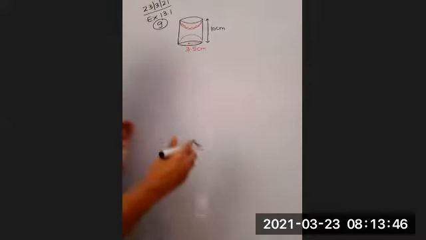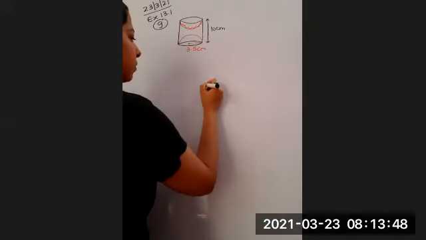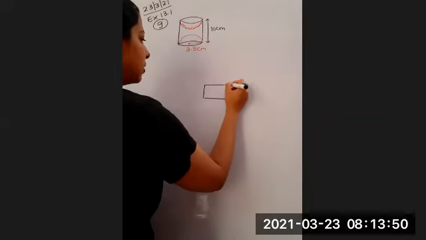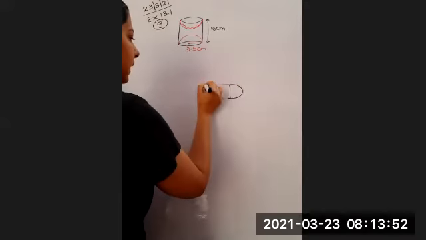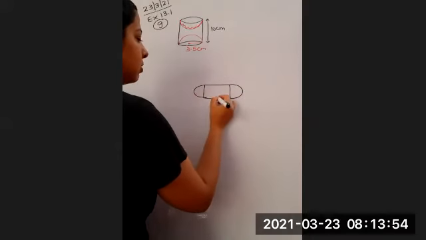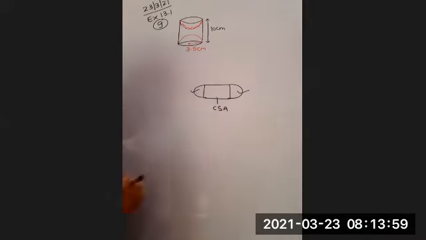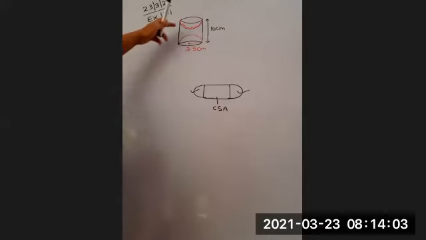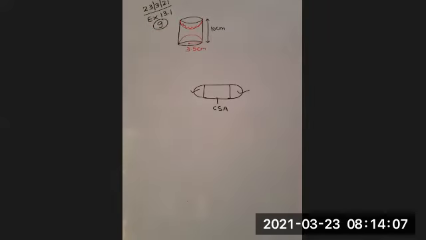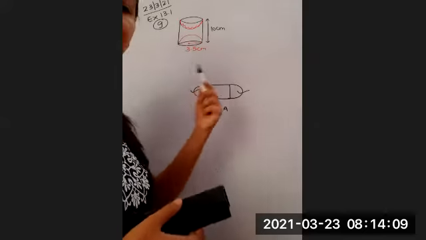When we took the question of that gulab jamun, a cylindrical portion having hemispheres attached, that time also it was CSA of cylinder plus CSA of two hemispheres. And in this case also, when we are making a hemispherical depression, the logic is still the same, the area is still the same.